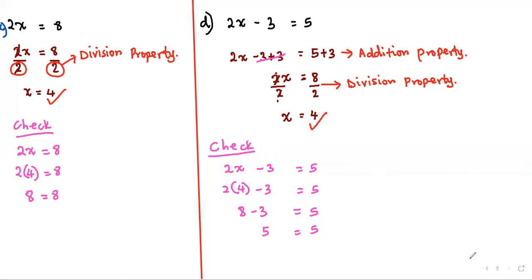We look at the final example, which is part E. So for part E, we have minus 5x minus 2 is equal to 13.